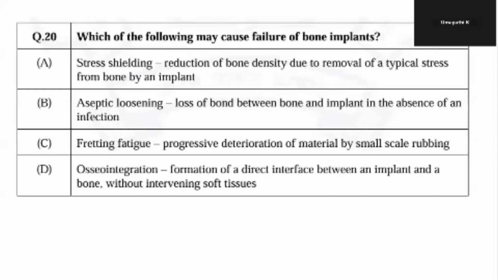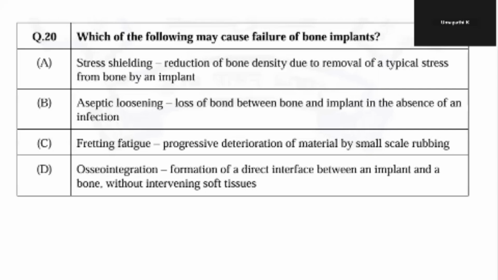The last one, osseointegration. This is the desired biological process where the bone integrates directly with the implant, providing stability and functionality. It is beneficial for the success of the implant and does not cause failure.